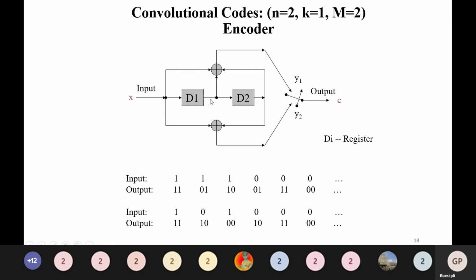Likewise for each and every bit, the bit state comes here. So for 1 input bit, you get 2 output bits, depending upon the states. These are the various input possibilities you can have. For a single bit input, you get 2 bits as the output.